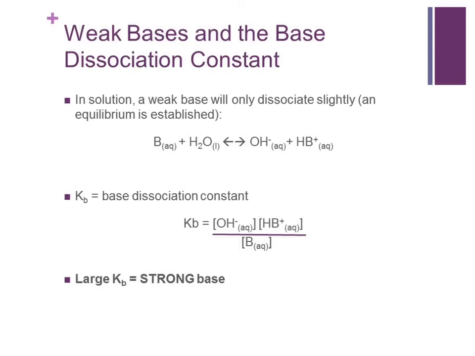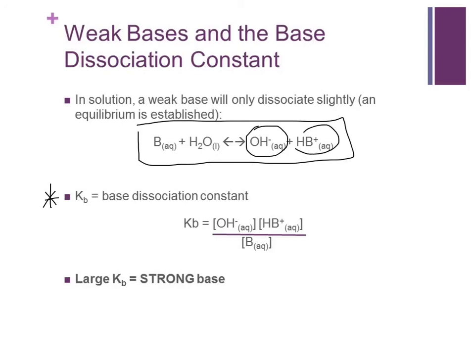We can write an equilibrium law expression for this reaction, and that is known as the base dissociation constant, or K subscript B. This is defined as the concentration of our products, our OH minus and our HB plus, divided by reactants, which is just B. Again, we don't include the water because it isn't in a gaseous or aqueous state. Similar to acids, a large Kb means a strong base. A small Kb means a weak base.